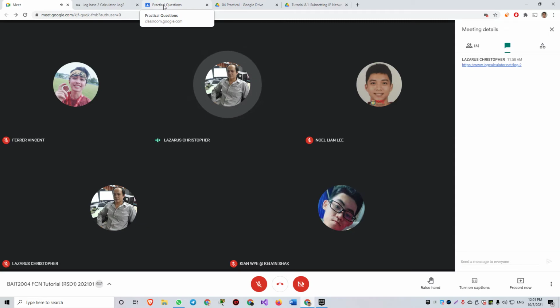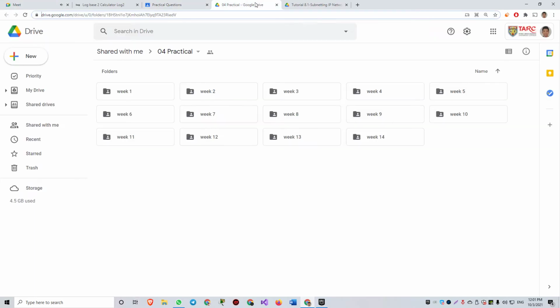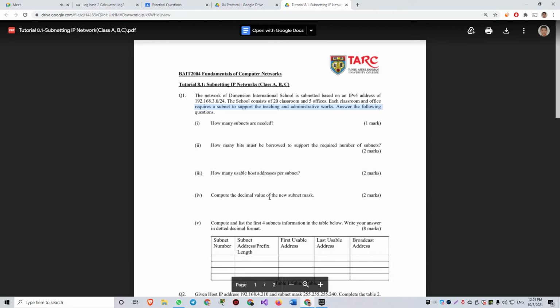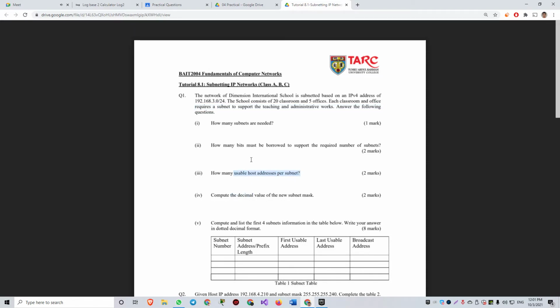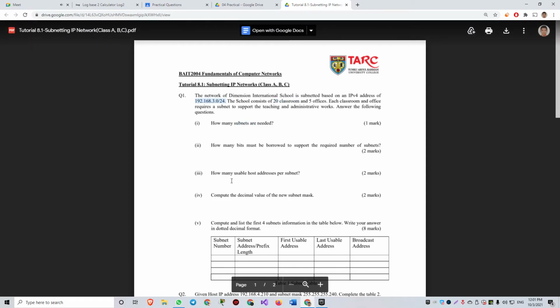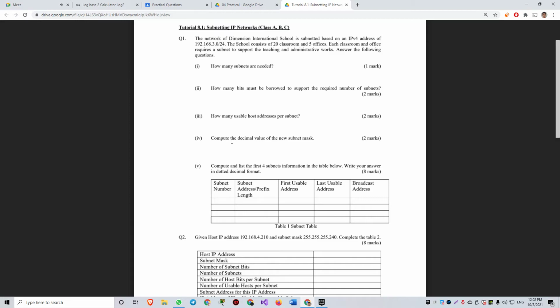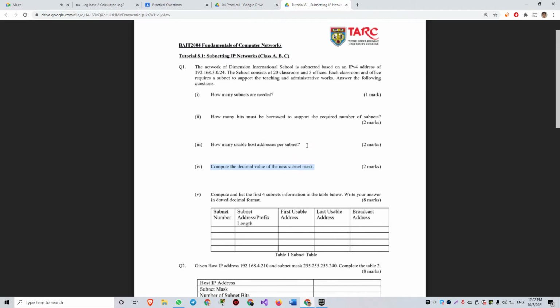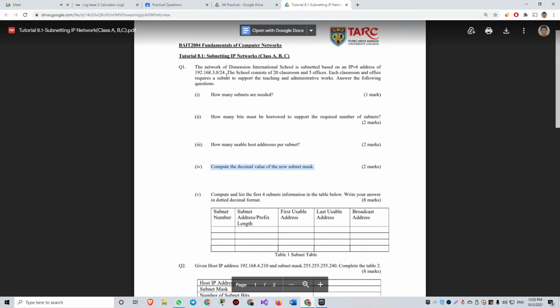Okay, so compute the new decimal value, Farah. If you borrow 5 bits, what's the prefix now? From /24, originally 24, now you borrow 5 bits.